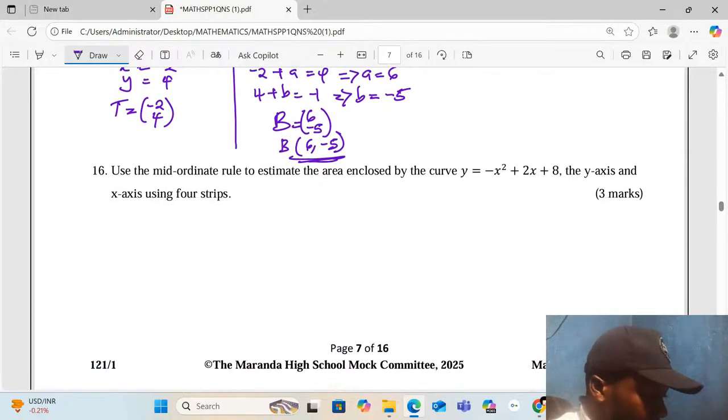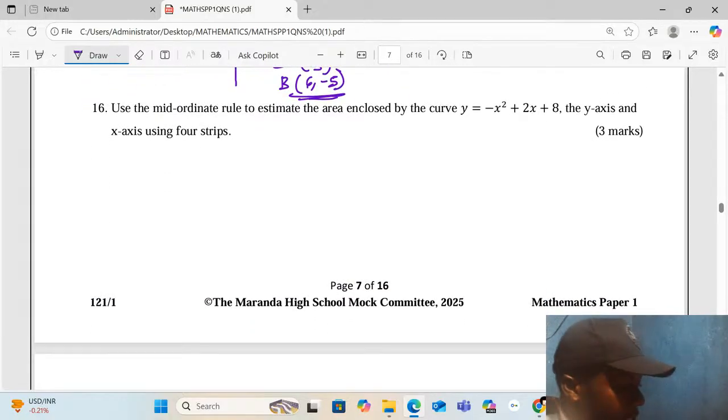Then we move to number 16. Using the mid-ordinate rule, estimate the area enclosed by the curve y equals negative x squared plus 2x plus 8, the y-axis and the x-axis, using 4 strips.